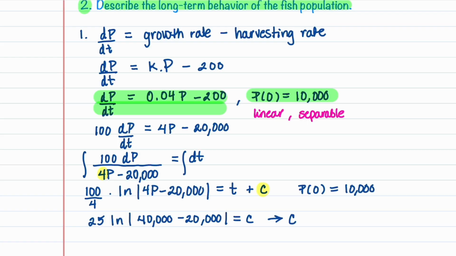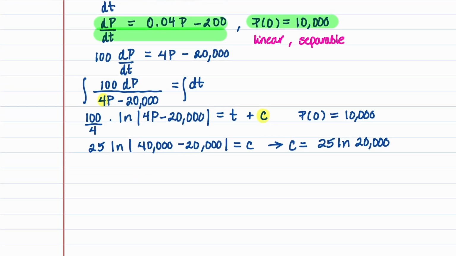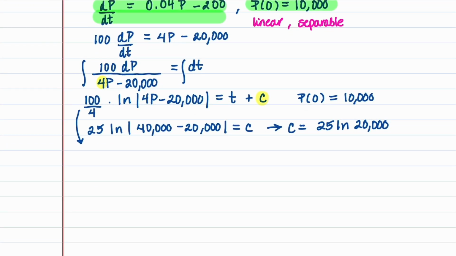So this tells us that c is equal to 25 natural log of 20,000. We'll drop the absolute value because it's positive. Now we can rewrite our solution as 25 natural log absolute value 4p minus 20,000 is equal to t plus c, which is now 25 natural log 20,000.